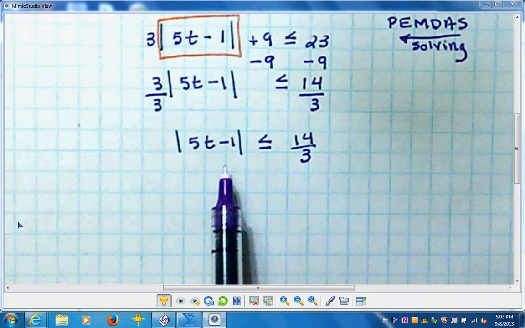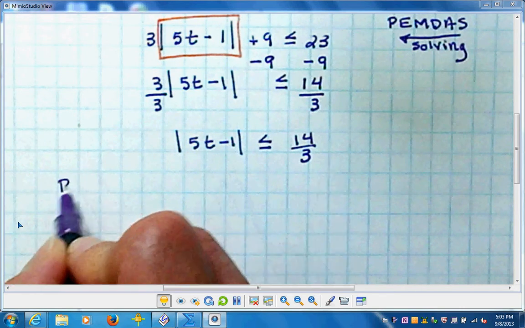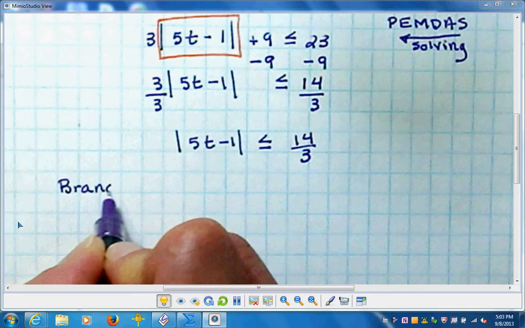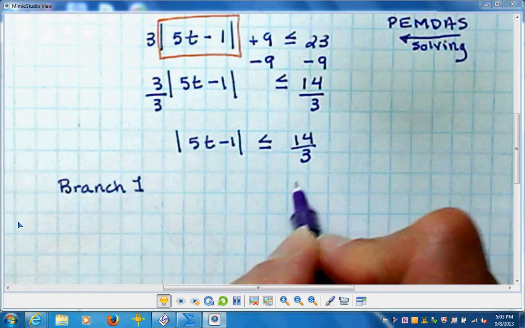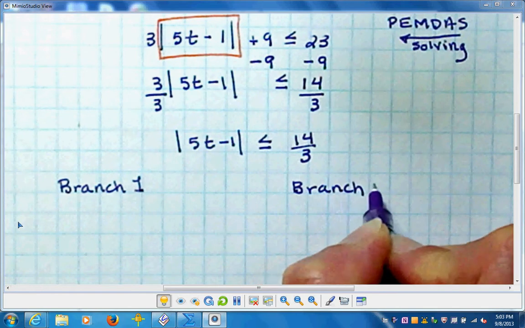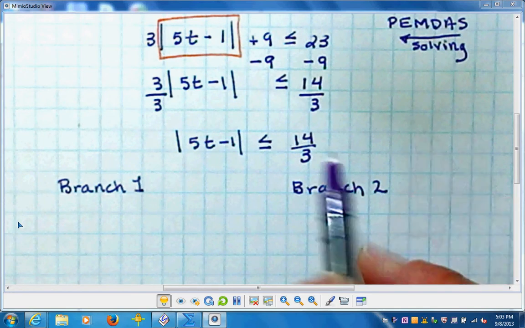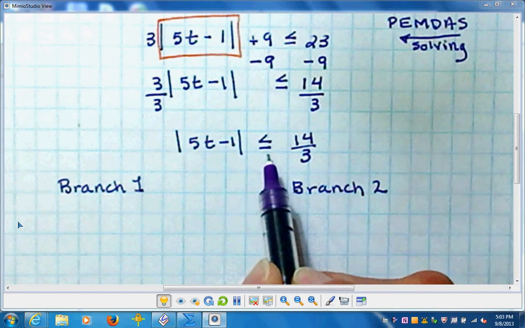Once the absolute value is by itself, I can set up my problem into branch 1 and branch 2. Before I do that though, let's see if this is an AND or an OR problem.